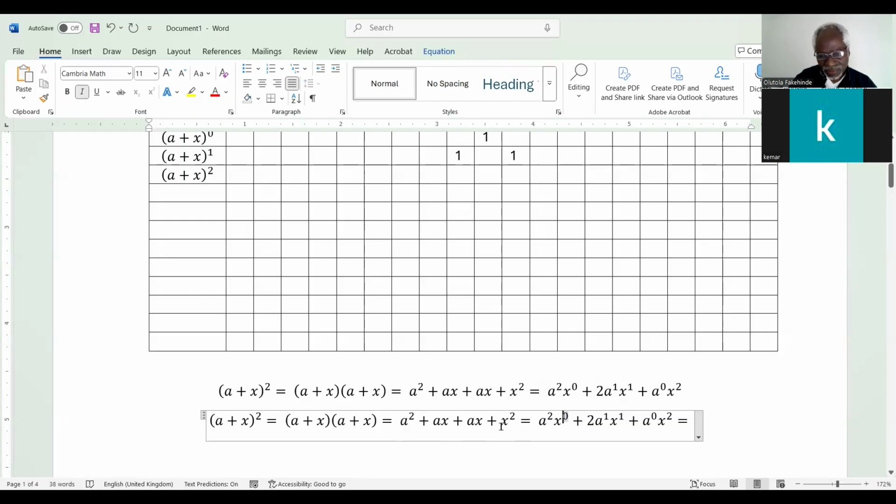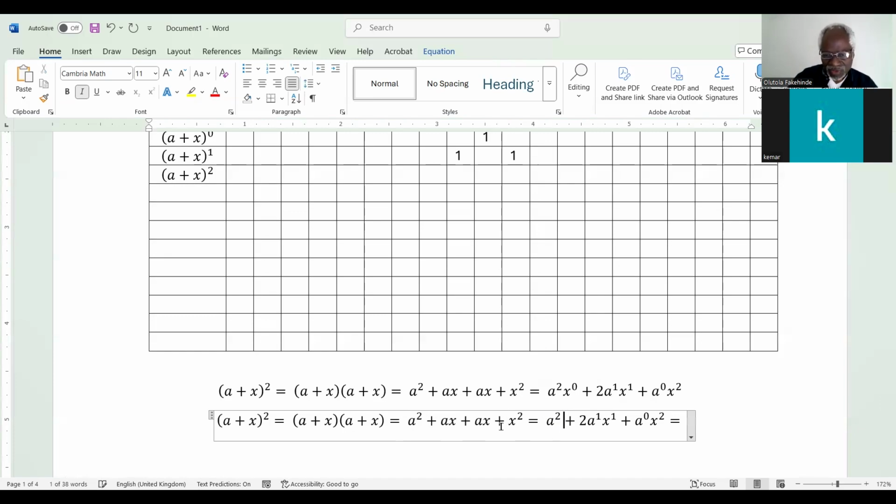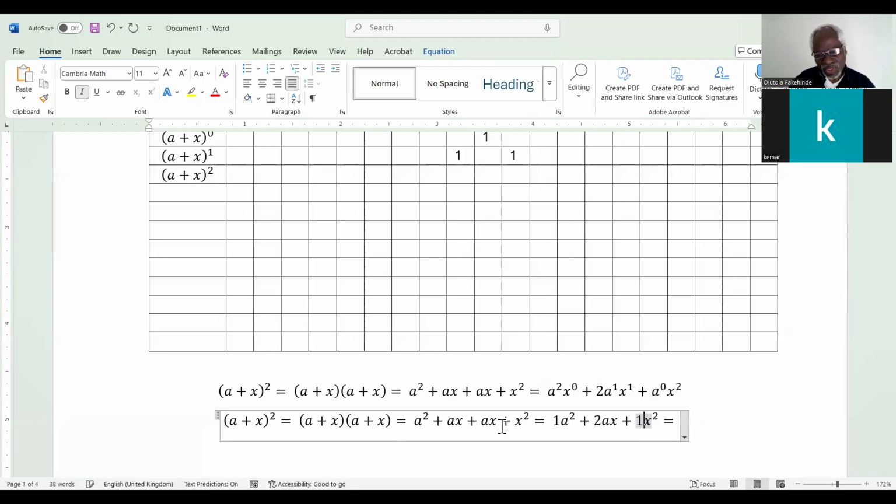Is 1. So this we cancel to be 1. So let's remove this and put 1 there. So we put the 1 here. So that's why we have that 1. All right. And then this will be A, like we have done A. And this will be X. And this will be A to 0 is also 1. So we put 1 there.